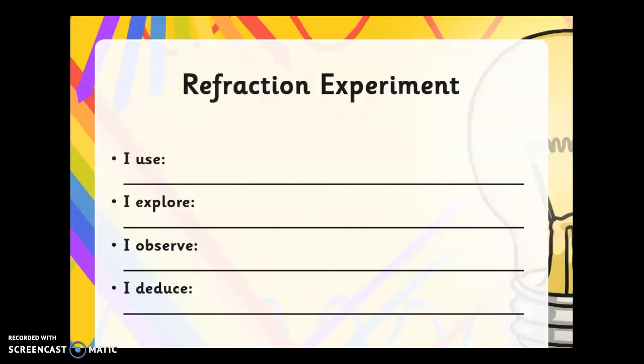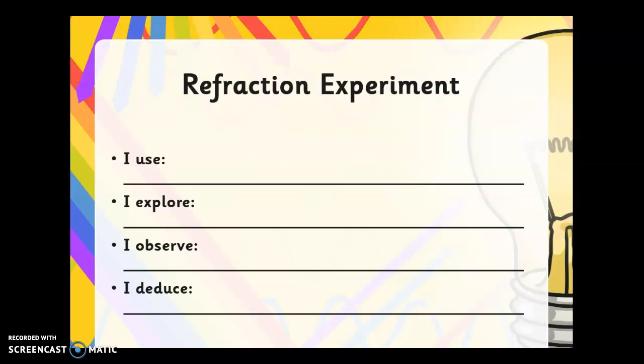Finally, this is the experiment of the refraction of light that we started with, when we put the pencil inside the cup. I want you to tell me what the materials are that we use, how we explore, the observation. The meaning of explore means, what did you do with these materials? Observe: what can I see inside the cup?